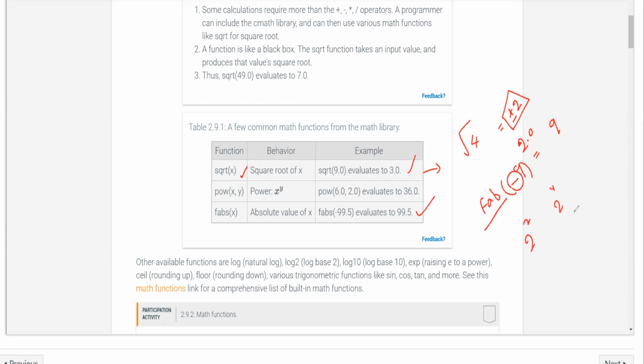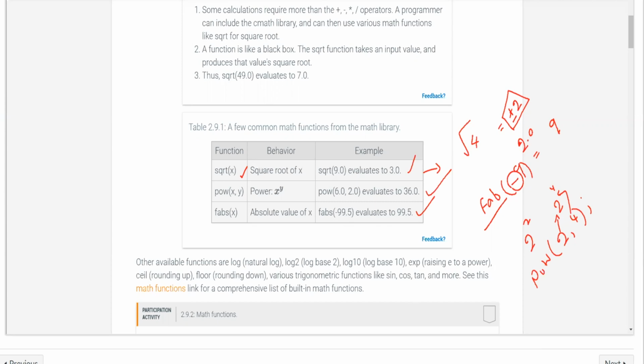Then the other one is 2 to the power 2, 2 to the power 4, things like that. You can use something called pow. The first part is the value that you want to use, and this part is the exponent, which is the power. So X and Y values. These three are the most commonly used math functions.